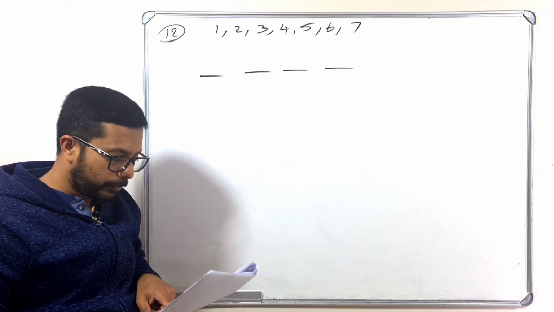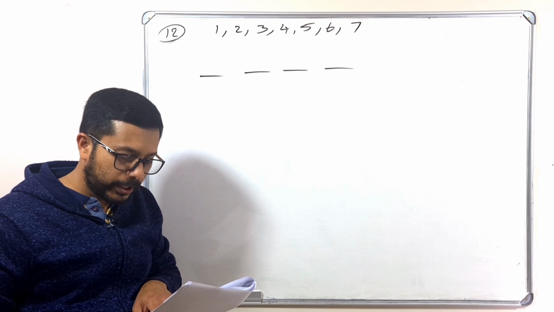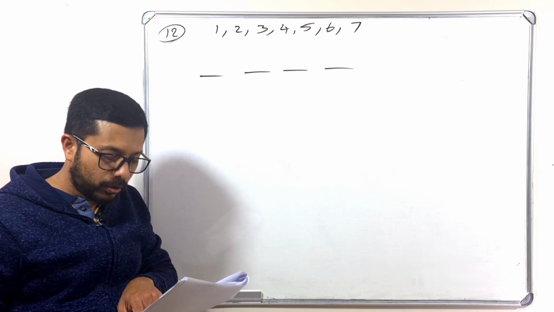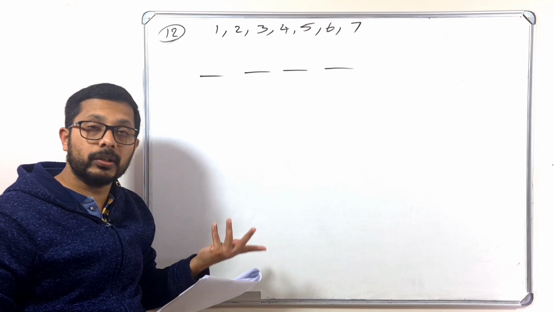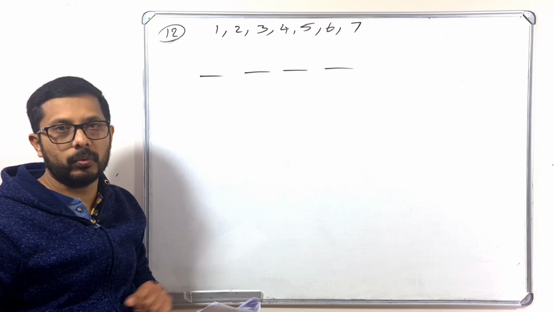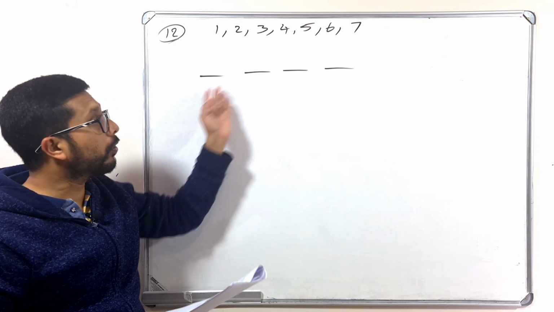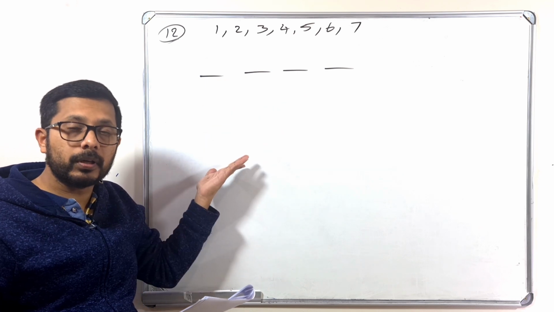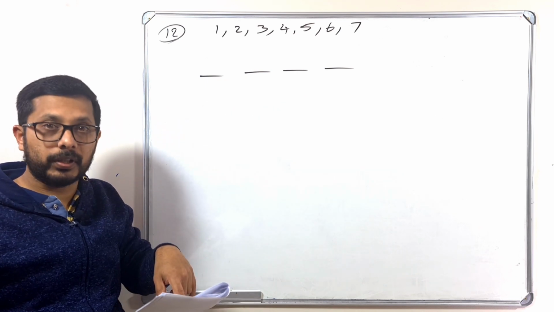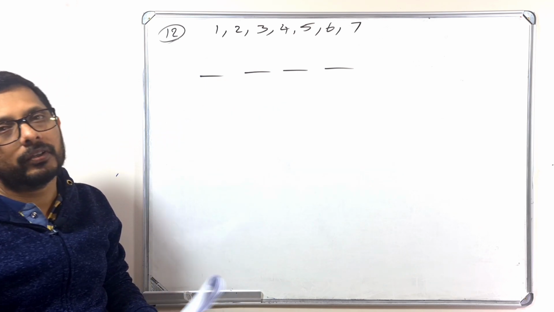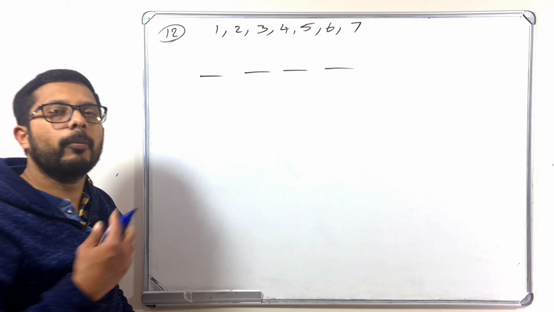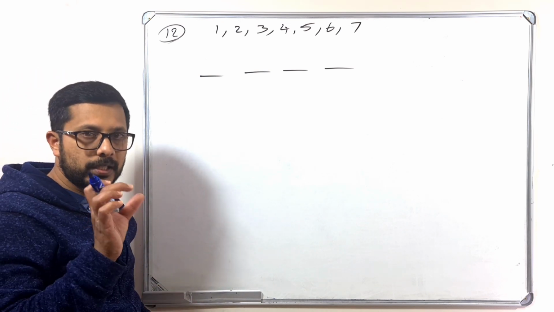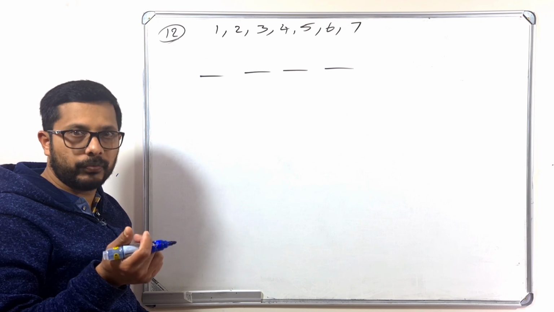How many different codes are possible if the digits may not be repeated and the code must be an even number bigger than 5000? So that's a tricky question. The conditions are even number and bigger than 5000.